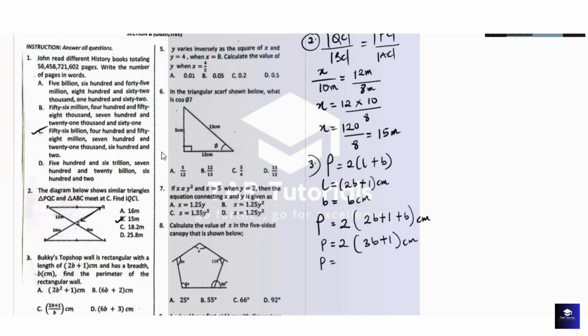Expanding the bracket gives 6b plus 2 centimeter, and that is option B.